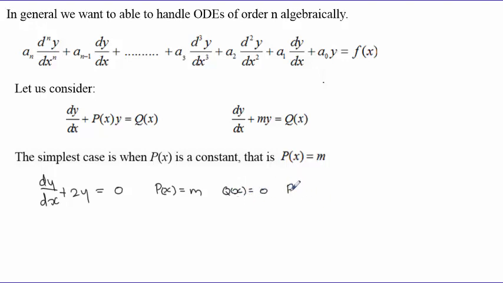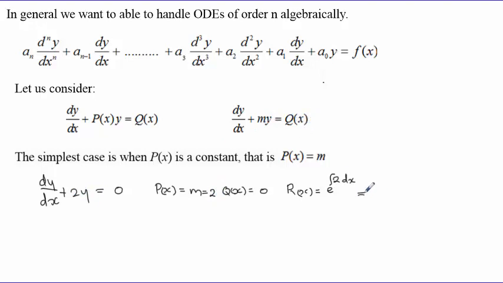And for r, we need to get it from this integration, which tells us that r is e to the power of the integral of p. In this case, our p is 2, and we are integrating 2, so m here is equal to 2, where q is equal to 0.